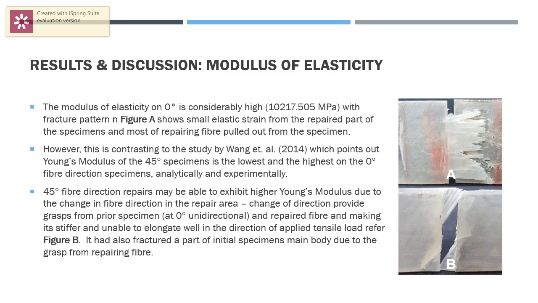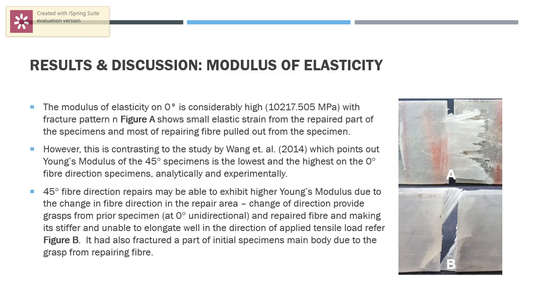It shows small elastic strain from the repaired part of the specimen, and most of the repairing fiber pulled out from the specimen. However, this contrasts with the study by Wang, 2014, which points out that the Young's modulus of the 45-degree specimens is the lowest and the highest is on the 0-degree fiber direction, analytically and experimentally. 45-degree fiber direction repairs may exhibit higher Young's modulus due to the change in fiber direction in the repair area.